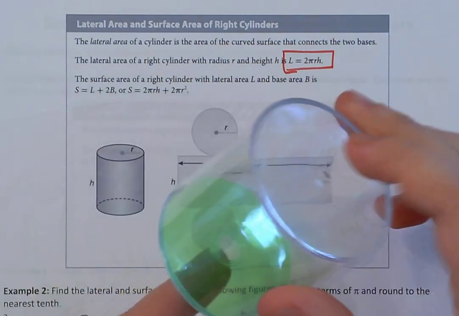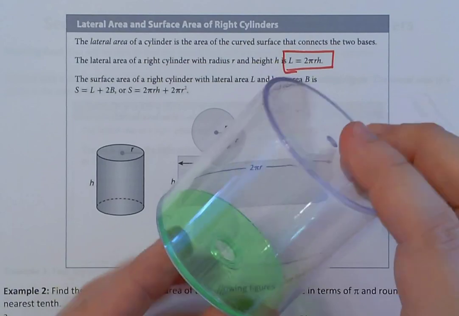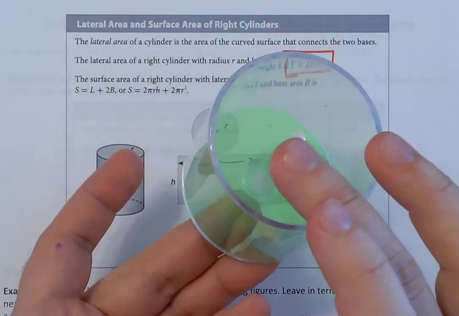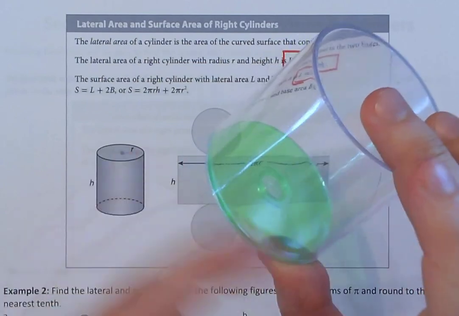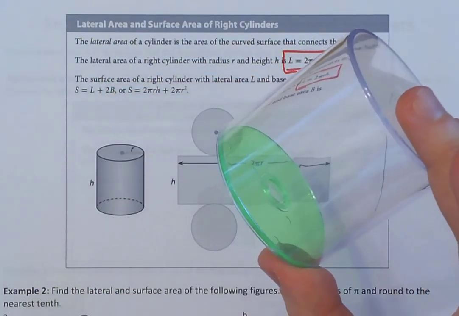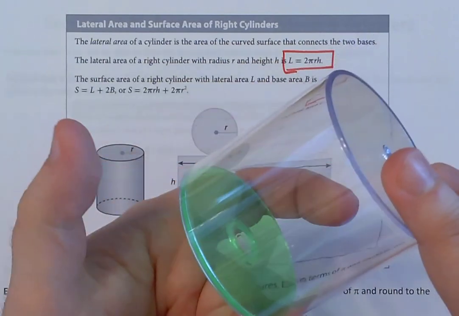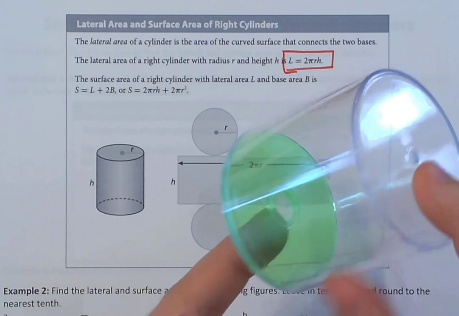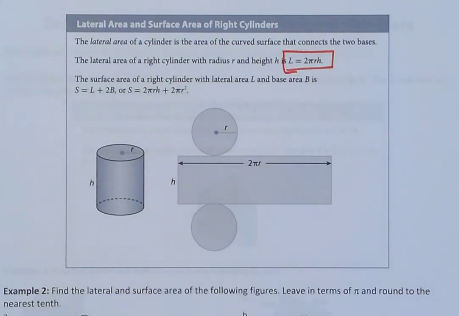So for lateral area of a cylinder, that means we're trying to find the side of our cylinder or our can. So we're trying to figure out the area of this curved part. Surface area is going to take the area of this curved part plus the area of the two bases. All right, so that is how you find lateral area, that 2 pi r h.